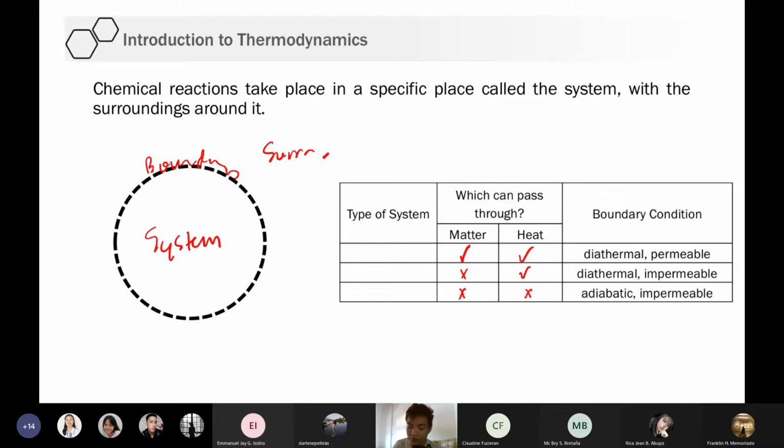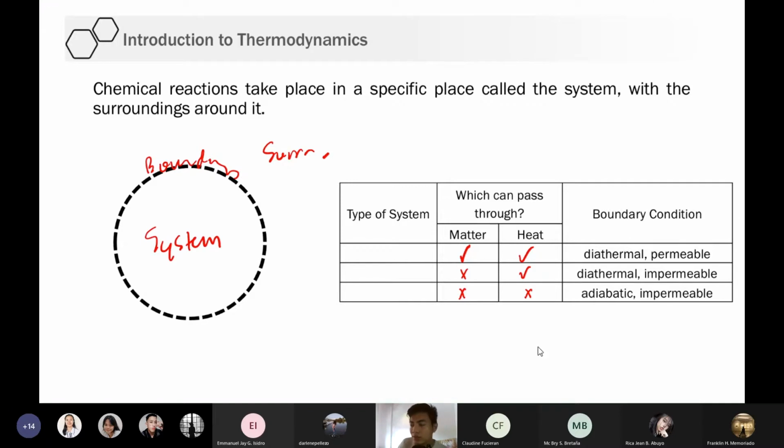So, hindi niya papayagan yung init mag-pass through. Okay? Example nun is the thermos. And then we have the permeable. Ibig sabihin yung particles pwede maglabas-pasok sa system. For example, yung baso mo, walang takip. Yun. Pwede mo ilabas-pasok yung mga molecules doon sa baso, which is our system. And then we have the impermeable. That means, basically, naka-close yung system. Okay? Nakatakip. Okay? So, yan.